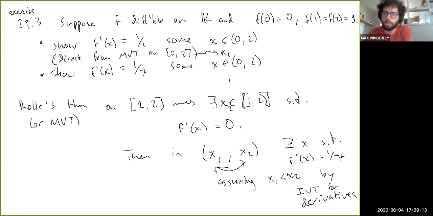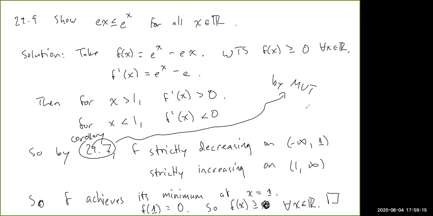For theorem 29.1, it said f is defined on an interval, but here f is defined on the whole real numbers, so we can't apply 29.1 in this case.